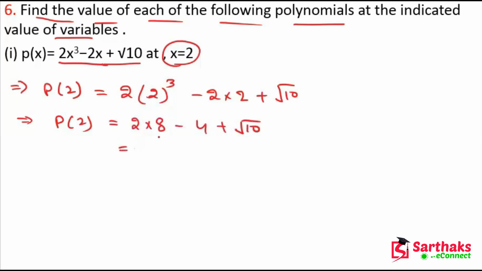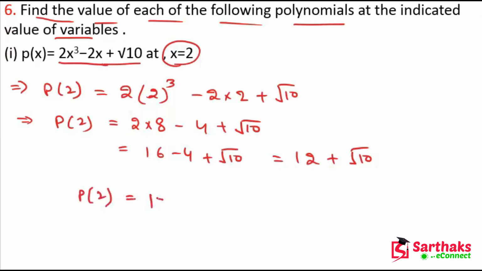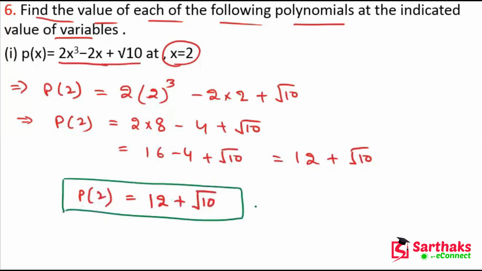This will give 16 minus 4 plus root 10, which is equal to 12 plus root 10, the required value of p of x at x is equal to 2. So p of 2 is 12 plus root 10. This is our answer. I hope you get this point.